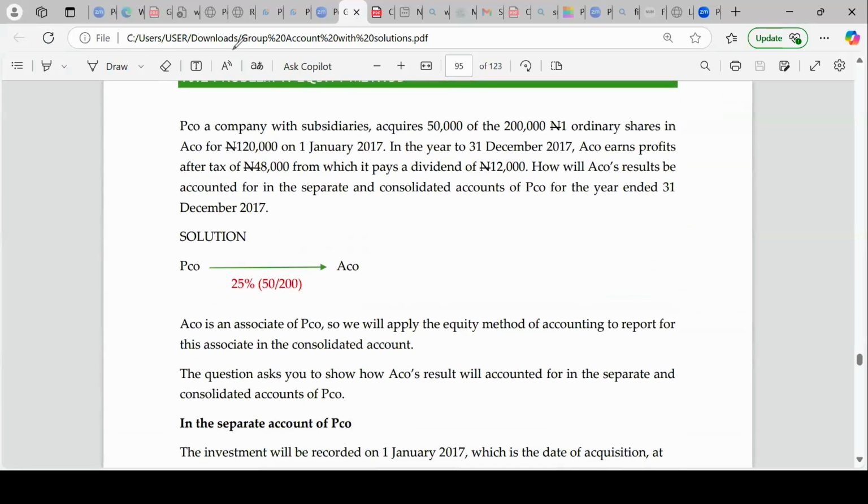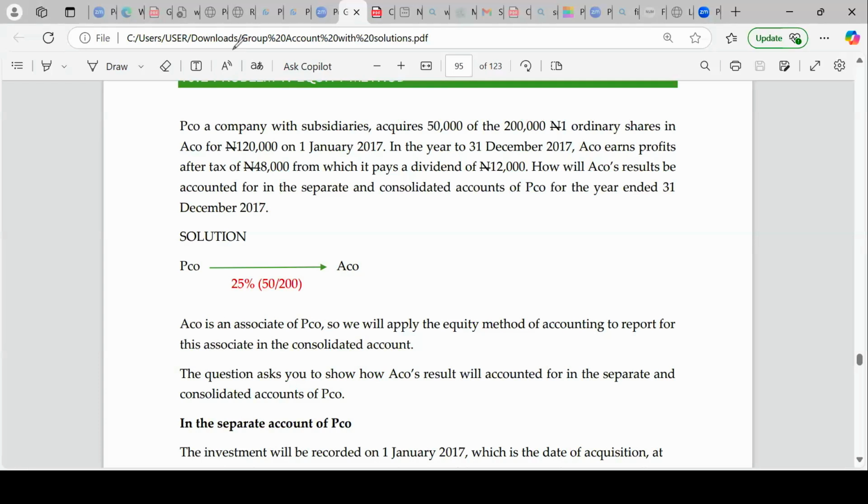All right, let's look at this problem that we have here. We are told that PICO, a company with subsidiaries, acquires 50,000 of the 200,000 ₦1 ordinary shares in ECO for 120,000 naira on 1st January 2017.